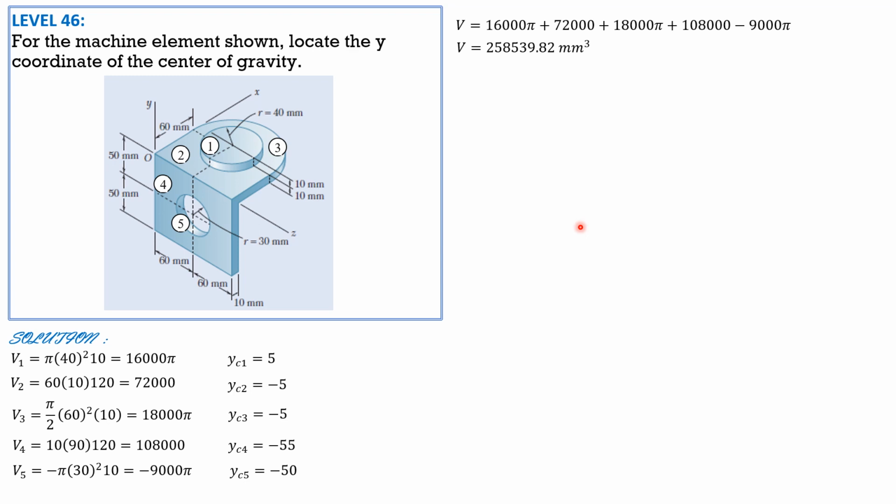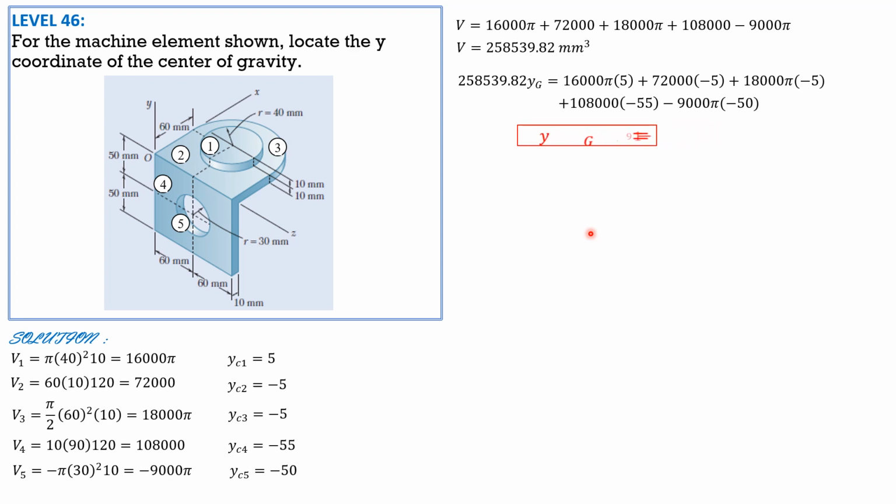Then by Varignon's theorem, volume times Yg equals 16,000 pi times 5 plus 72,000 times negative 5 plus 18,000 pi times negative 5 plus 108,000 times negative 55, then plus negative 9,000 pi times negative 50. So solving for Yg is equal to negative 19.02 mm.